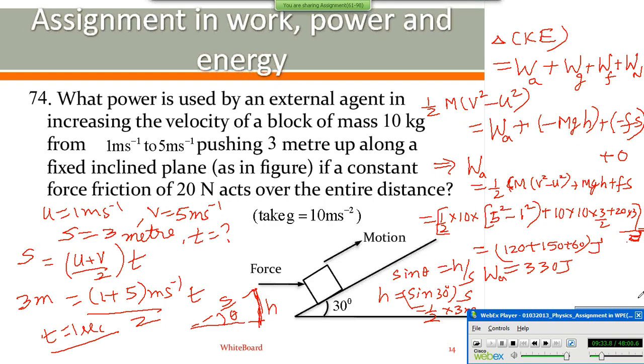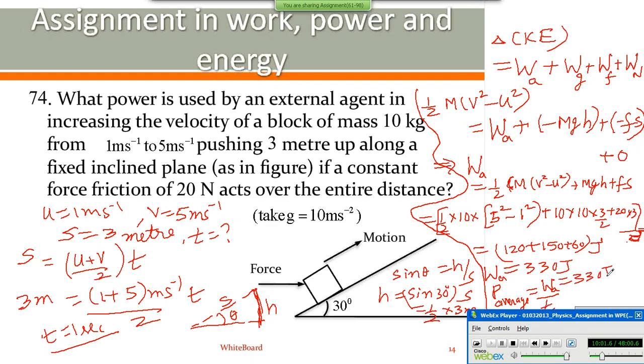So the average power delivered by the agent is equal to the work done by the agent divided by the time interval.